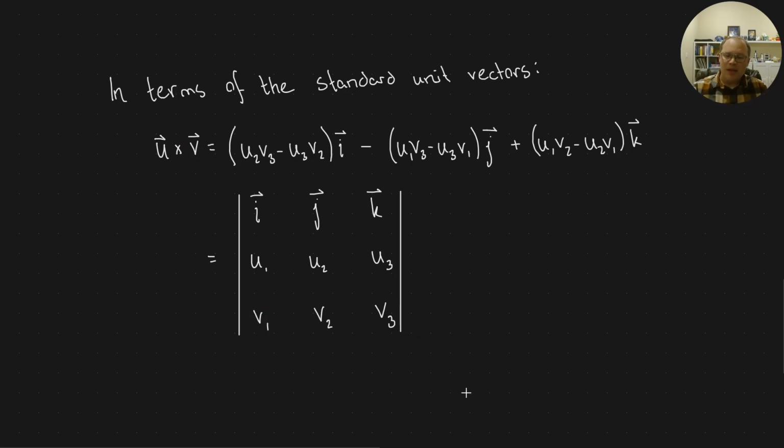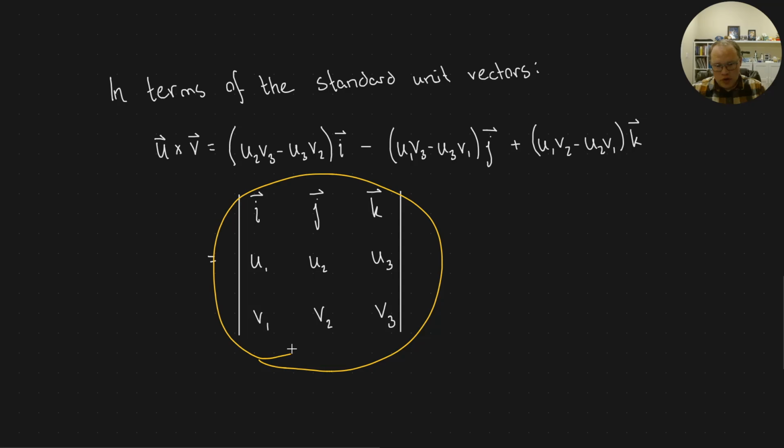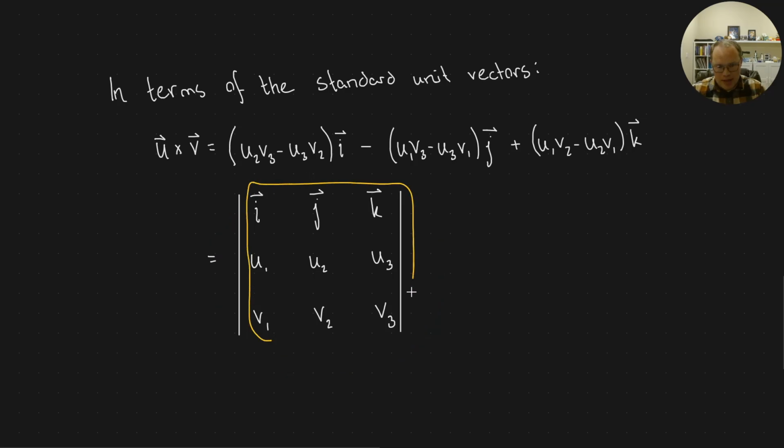Now, I do need to say that this isn't a true determinant. This isn't a true matrix, because the components of a matrix should be numbers. u1, v2, those are numbers, that's great. But i, j, and k are vectors. So this isn't a true determinant.